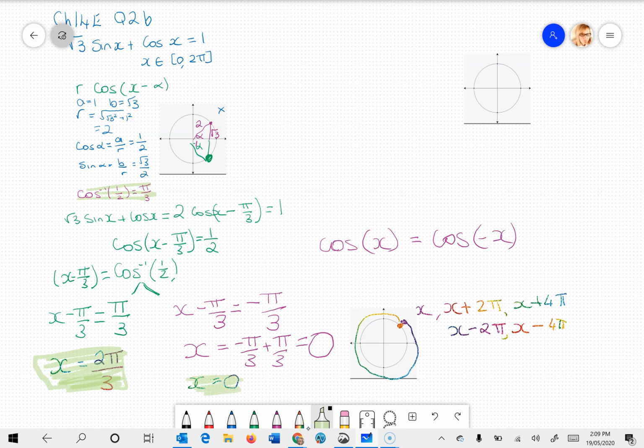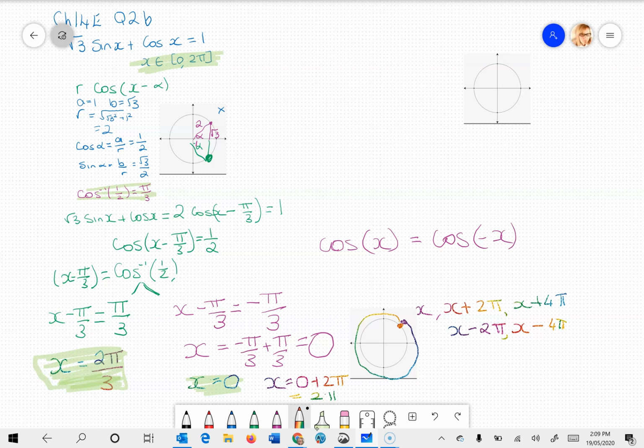Now we've got to check the next one. Well, obviously subtracting anything from 0 is going to be less than 0, but also x equals 0 plus 2 pi equals 2 pi. Now that's a part of our original range, so obviously 2 pi is also included in our solution set.